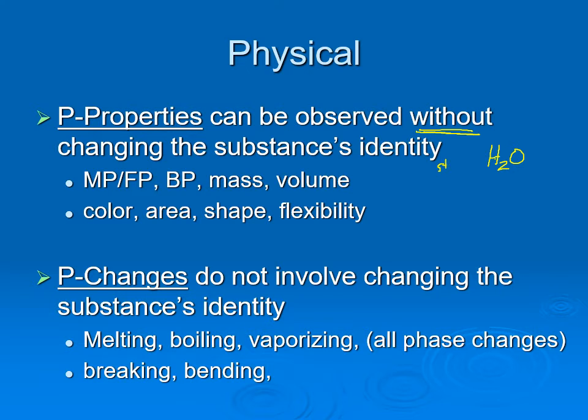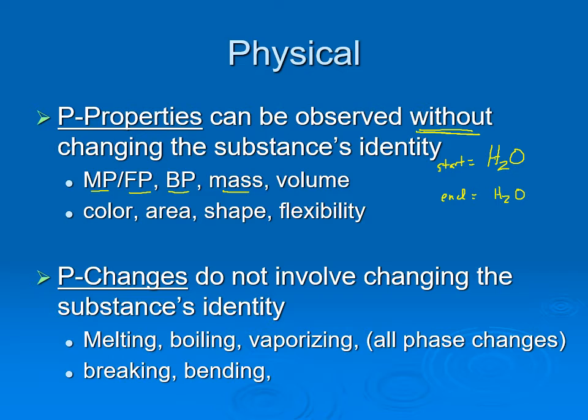If you didn't change the identity of it, you have looked at a physical property. What are physical properties? Melting point, freezing point, all of these temperatures are physical properties because you can freeze it, melt it, or boil it without changing it. It's still water. It's either frozen solid, liquid, or gas, but it's still water.